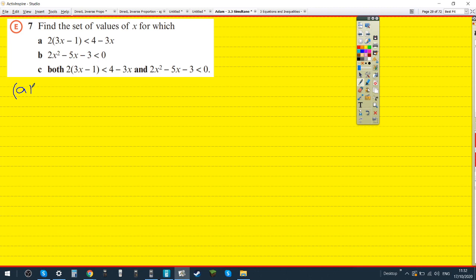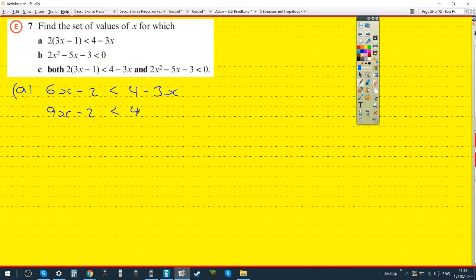So you multiply everything in the bracket first. So it'd be 6x minus 2 is lesser than 4 minus 3x. And then you work that out. So you'd plus 3x on both sides. It'd be 9x minus 2 is lesser than 4. And then we plus 2 on both sides.